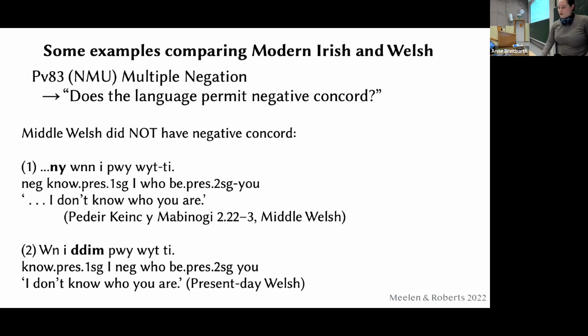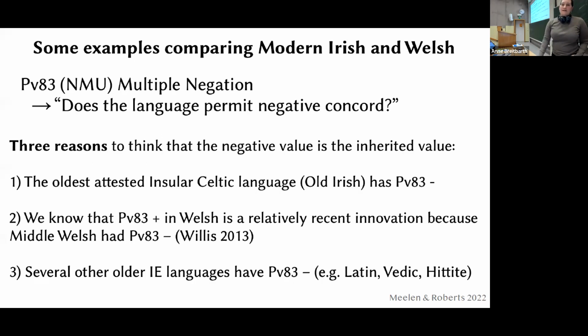Now, what does that tell us then? There's basically three reasons to think that the negative value is the inherited one. So the oldest attested insular Celtic language, Old Irish, has the negative value for this parameter. We also know that the positive value for the parameter in Welsh is actually relatively recent, because we know that in Middle Welsh it wasn't there.